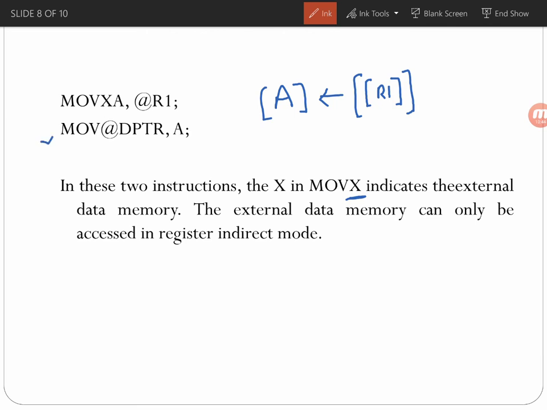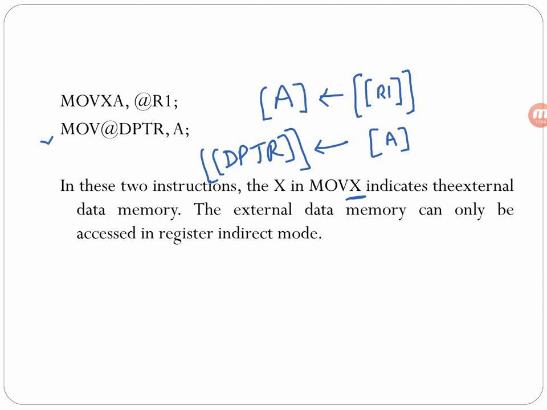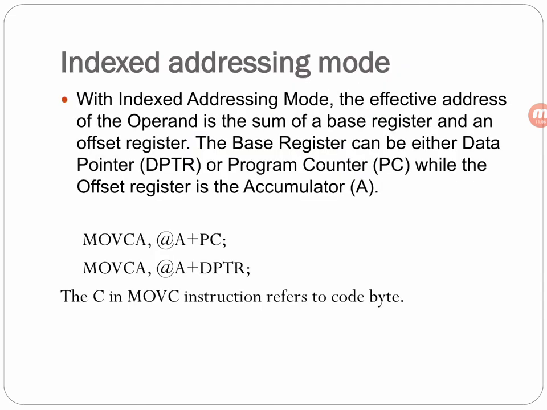And next, MOVX @DPTR, A. The content of the accumulator will be moved to the memory location pointed to by the DPTR register. So this is about the register indirect addressing mode.